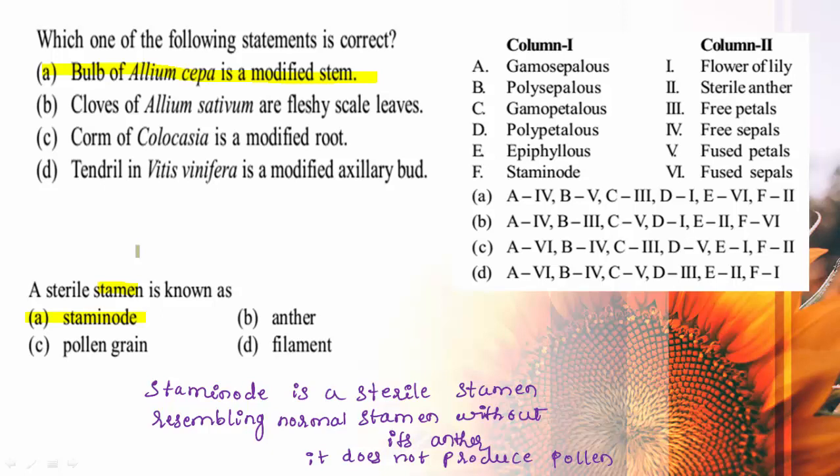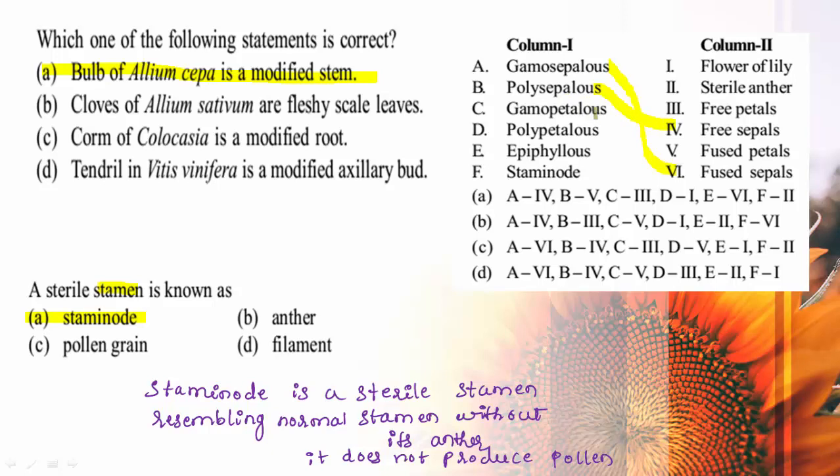Then go for match the following. Gamosepalous. So Gamosepalous, which is the option? Again, Gamosepalous means fused sepals. Gamo, it is fused condition. Then Polysepalous, it is free sepals.